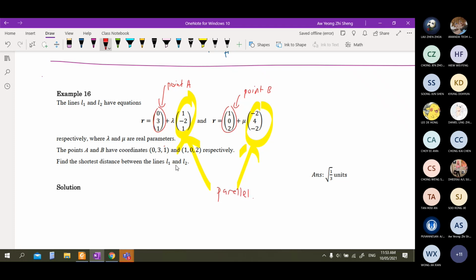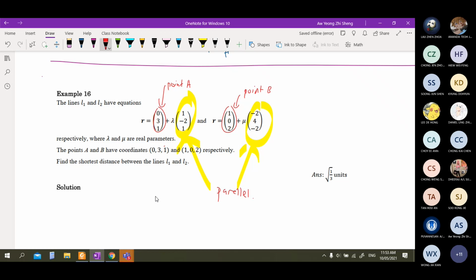You need to show a little bit of working to claim that they are parallel. Then only you use the method described on page 19 just now to find the distance between the lines L1 and L2. So you will need one or two lines of working to show that the two lines are parallel first. Then only you do your computation.